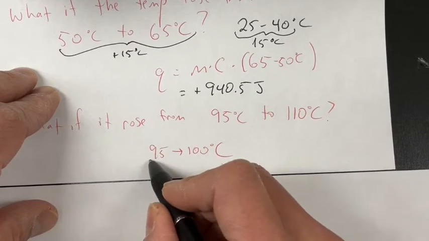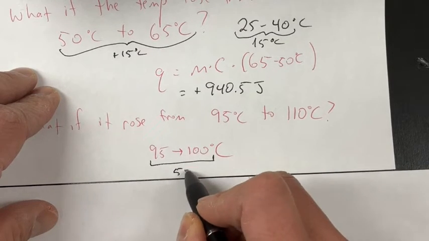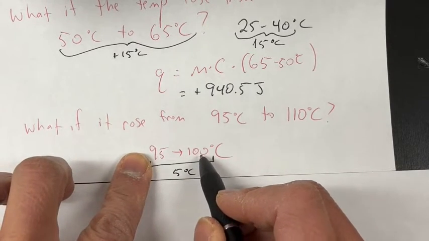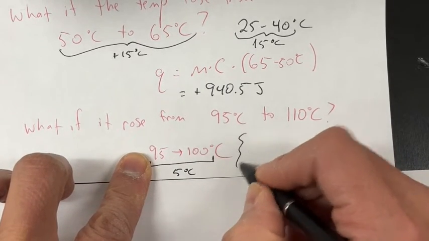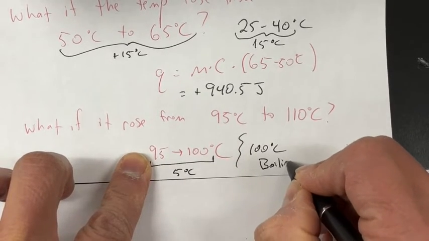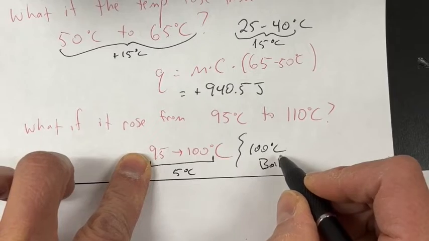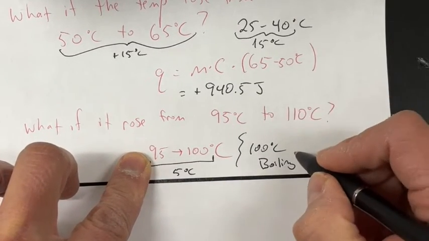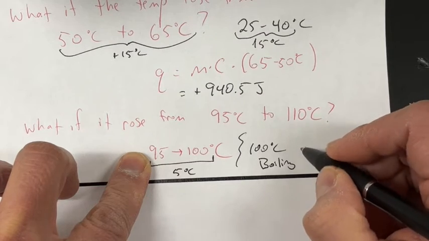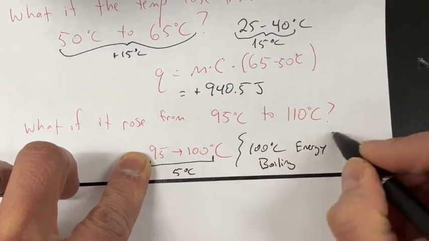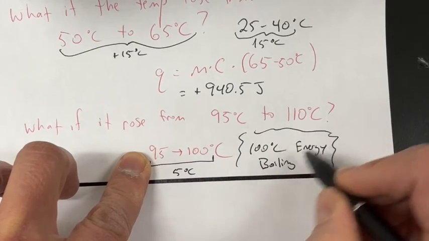So I would have a temperature change of 5 degrees Celsius for water here, but then something happens at 100 degrees Celsius, which is boiling, and that takes a different amount of energy, and we'll talk about that some other time. So I have to account for the energy of boiling. This is going to take a different amount of energy, so I'm going to have to do this separately.